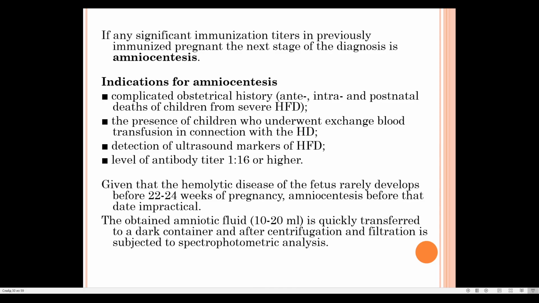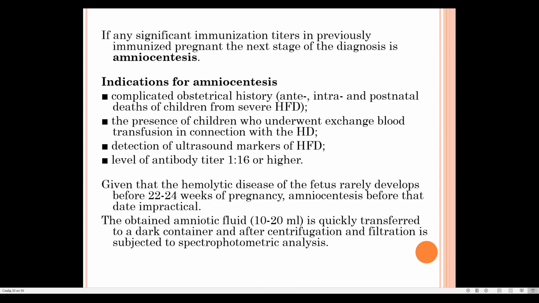Next one is the presence of children who underwent exchange blood transfusion in connection with hemolytic fetal disease and hemolytic disease of newborn. Next one is detection of ultrasound markers of hemolytic fetal disease. And last one is level of antibody titer 1 to 16 or higher.